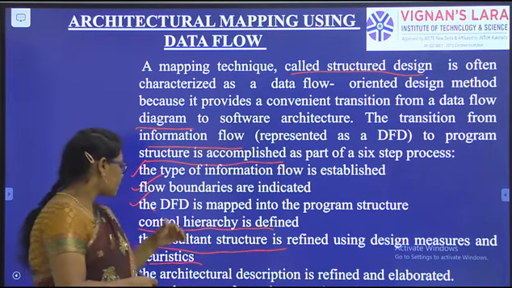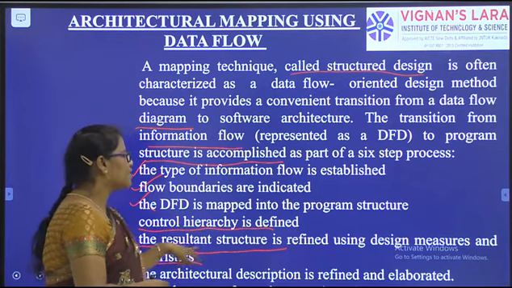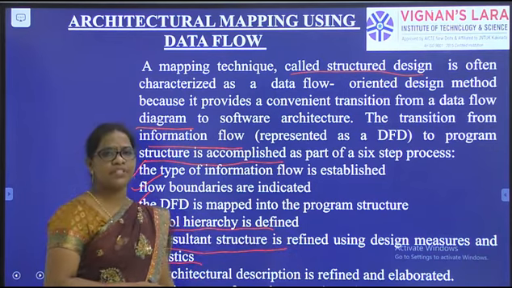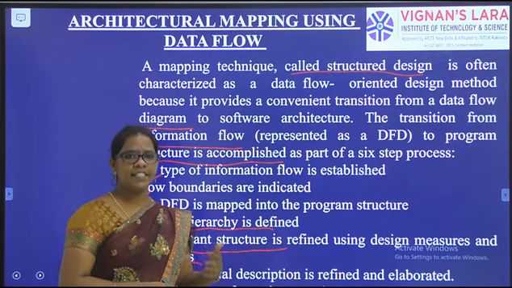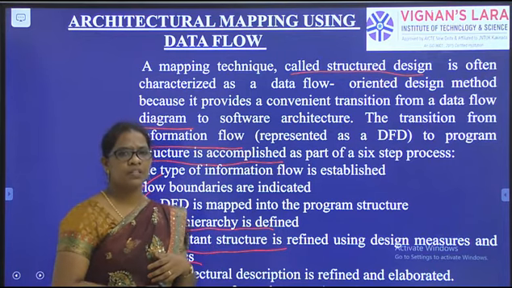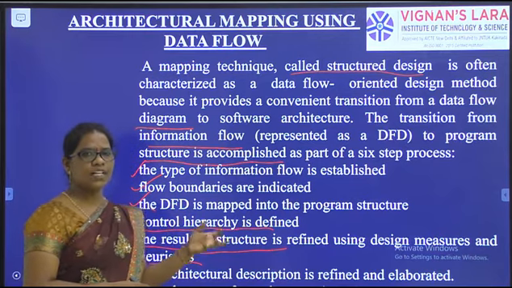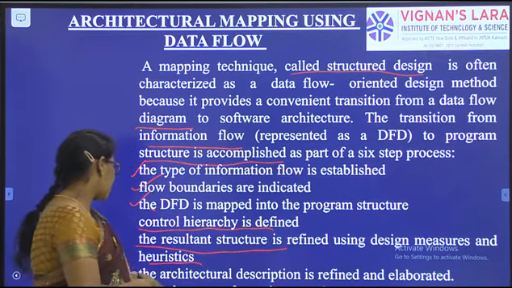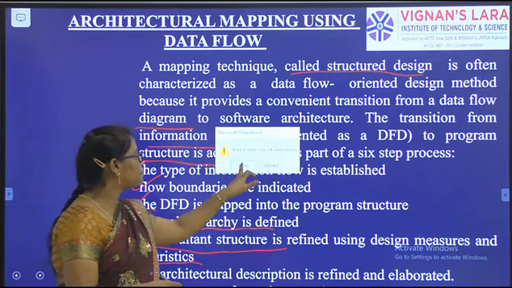Whatever architecture you have drawn is refined using the design measures. We have to check whether it is following design principles and design concepts or not, and take some measures. By using those measures, we see whether the data flow program is structured or not. The architectural description is refined and elaborated.